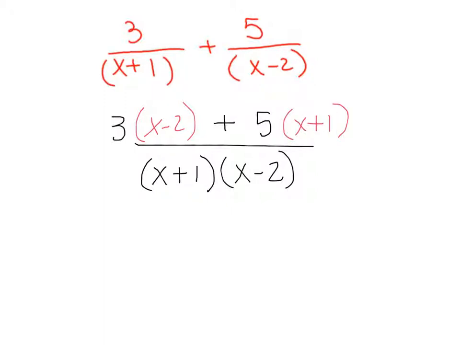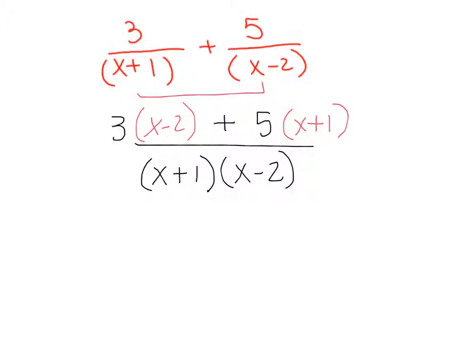Now, you can probably see a pattern here. Sometimes they call it the butterfly method, but anytime you multiply the two denominators together, you can do 3 times the other denominator plus 5 times the first denominator, and you end up with the same thing.